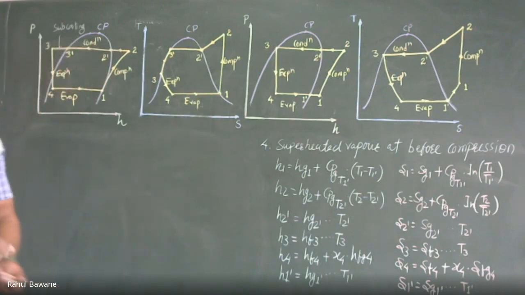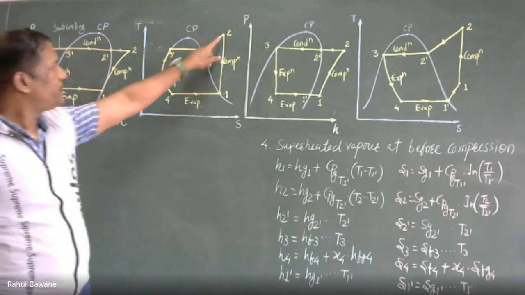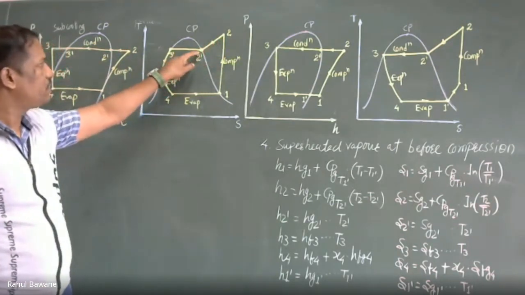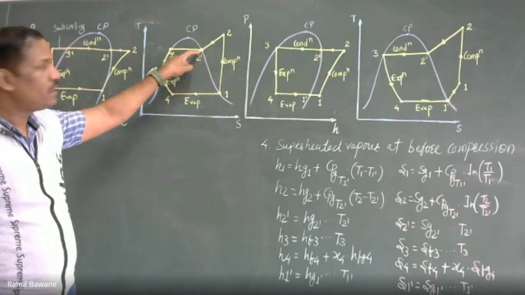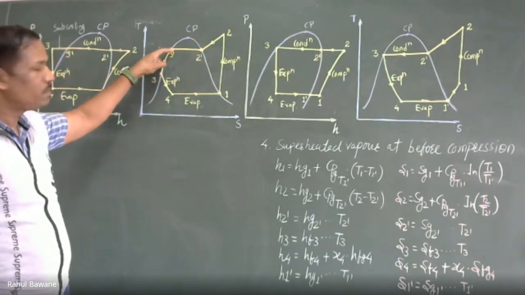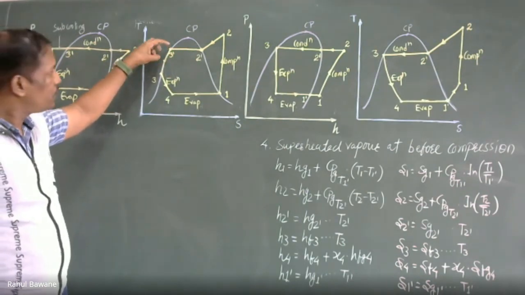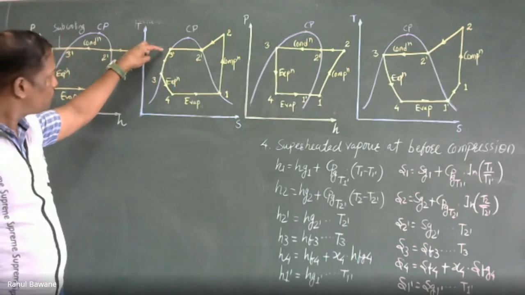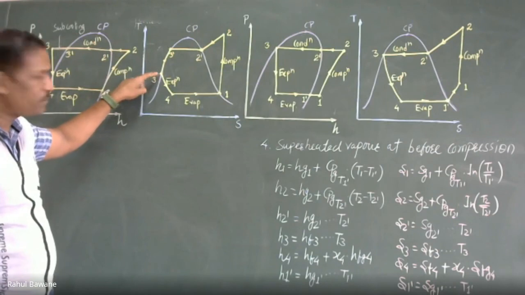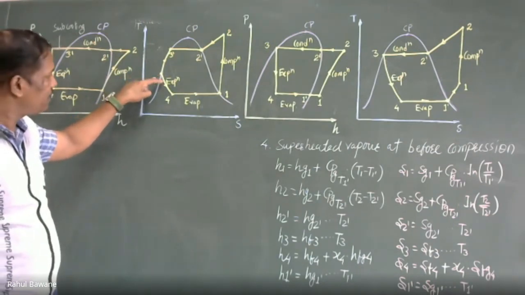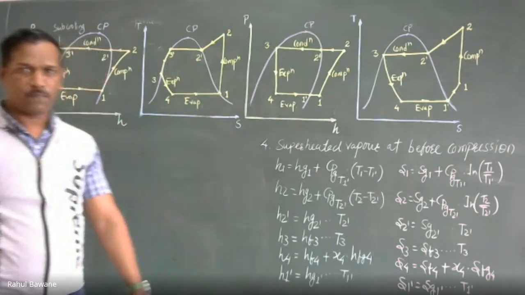So when there is subcooling, we obtain this kind of graph. Superheated steam reduces the degree of superheat and reaches 2' temperature. Then after extracting latent heat, the temperature remains the same and it becomes completely saturated liquid. Then we remove heat, so its temperature is reduced and it reaches the subcool temperature, that is 3. Then it enters expansion and after expansion enters evaporation.